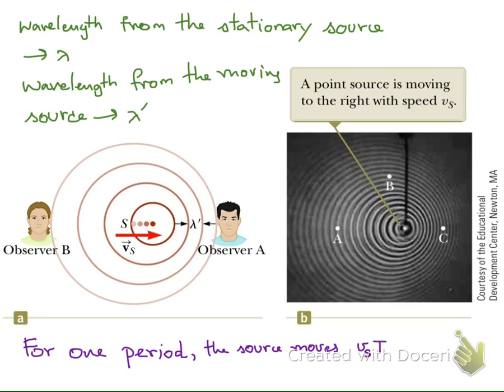So what we have is that lambda prime, which is the wavelength that observer A sees, is equal to lambda, the wavelength of the stationary source, minus VsT.